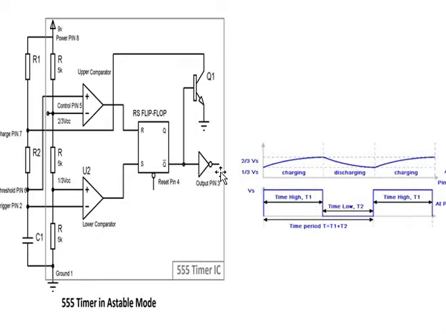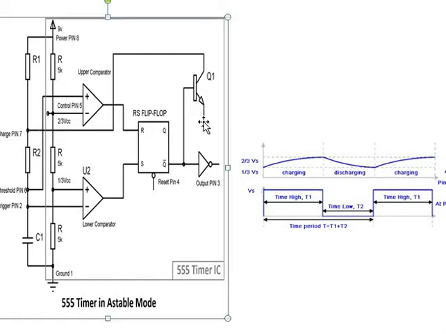As a result, the output of the IC is 0, and meanwhile the Q1 transistor is switched on. So the capacitor, from its maximum value of 2/3 VCC, starts discharging through R2 and this Q1 to ground.